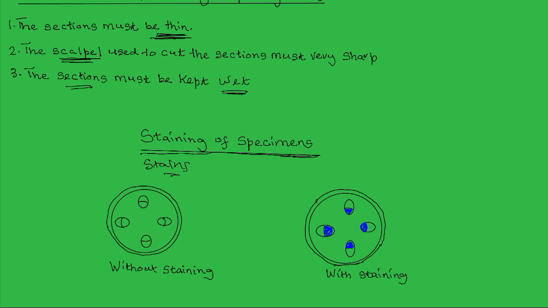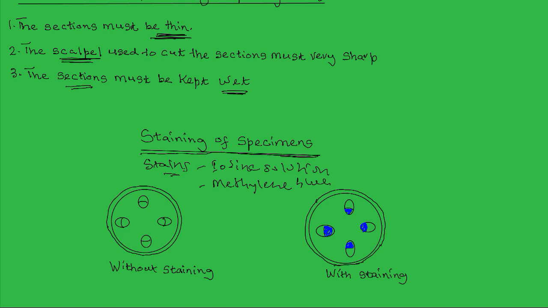These stains include iodine solution and methylene blue. These are the stains that are commonly used in the laboratory, and in particular when working with plant specimens.